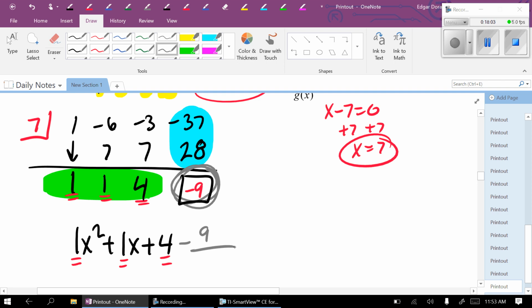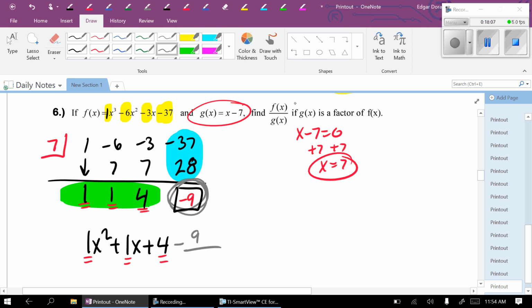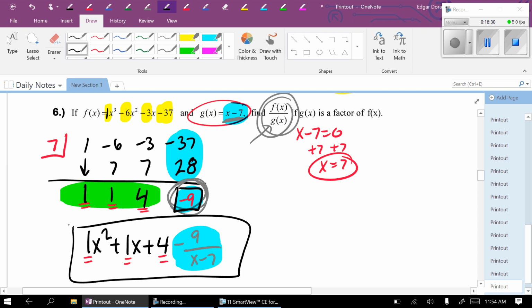So you got to go ahead and talk about what you divided it by in the first place. And if you look closely, we divided by g of x again. So this is what we have to put the remainder over. Negative 9 over x minus 7. Again, x minus 7 comes from here, and then the negative 9 comes from here. That's where all of this comes from, guys. So don't forget that we might have remainders at some point.